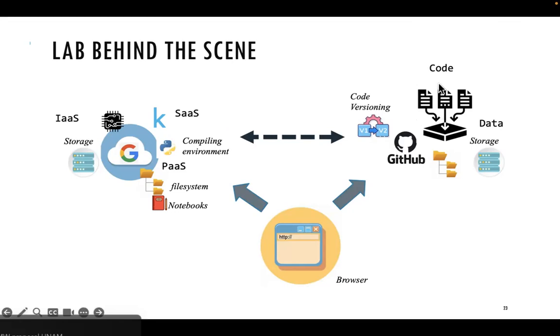Since we are talking about the cloud, remember, we have access to platforms. So we have disk allocated for us in order to store data or code. We have a file system so that we can interact with the data stored in some storage support.